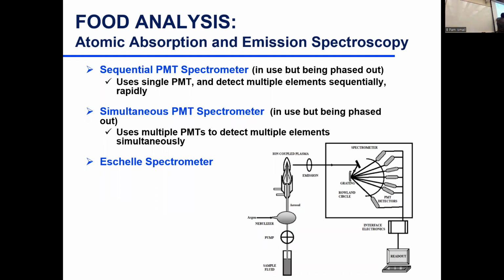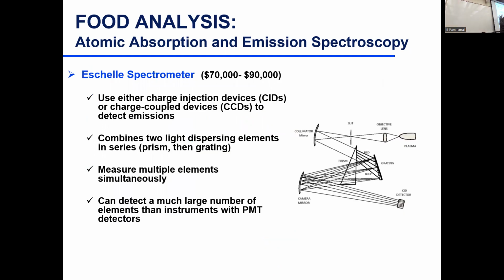And then the spectrometer, this is the one that has the charge injection device where you actually get all of your wavelengths projected to the detector, and you can measure multiple elements at the same time. So this is the most expensive, up to $90,000. You know, companies might afford that, so they might have it and they can run multiple elements simultaneously very quickly.